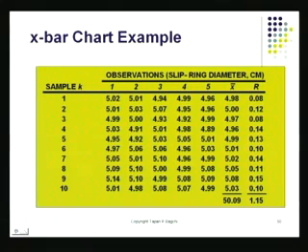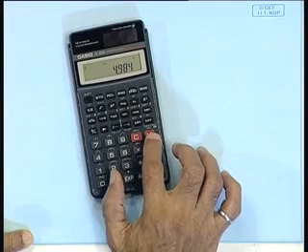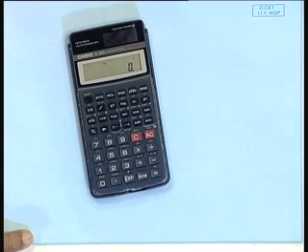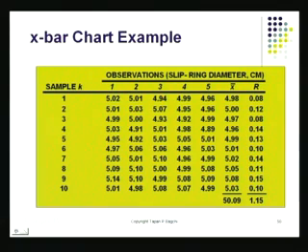The table shows the value of X bar to be 4.98. Let us now try to find the value of R. How do I do that? I locate the maximum value of X in that sample there. What is the maximum value? 5.02, 5.01, 4.94 and so on and so forth. So, this is the maximum.